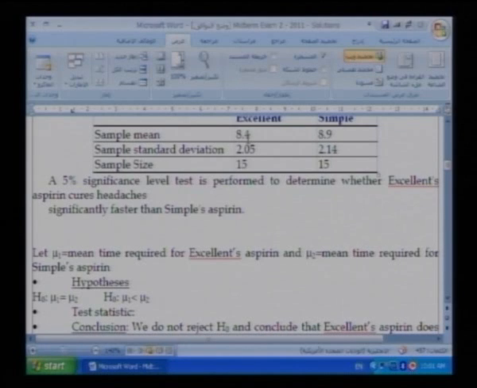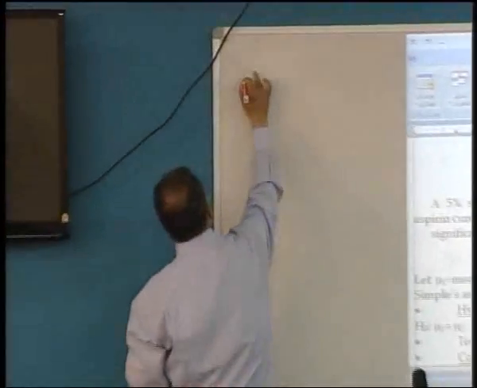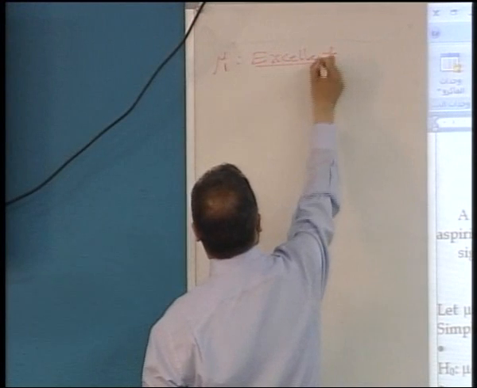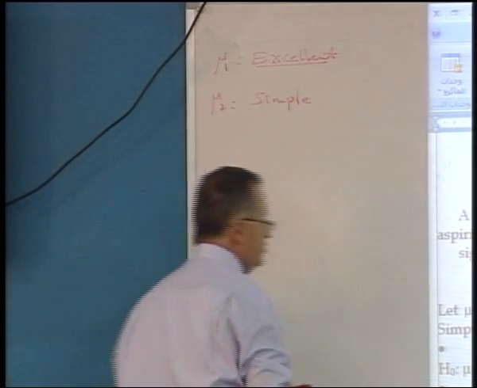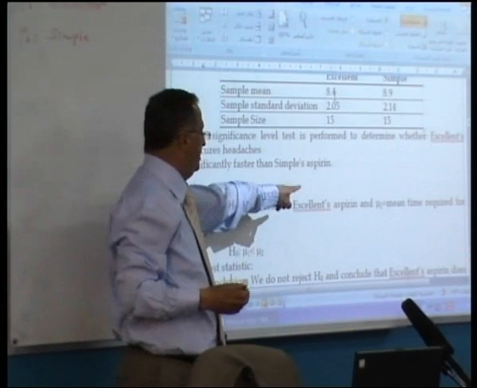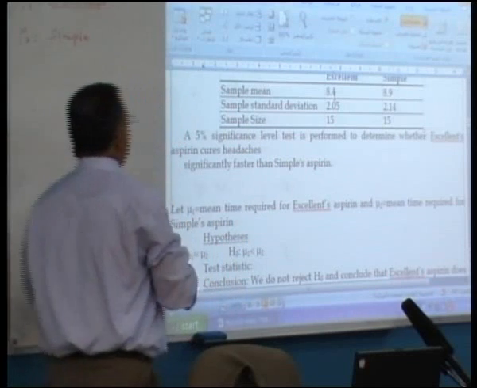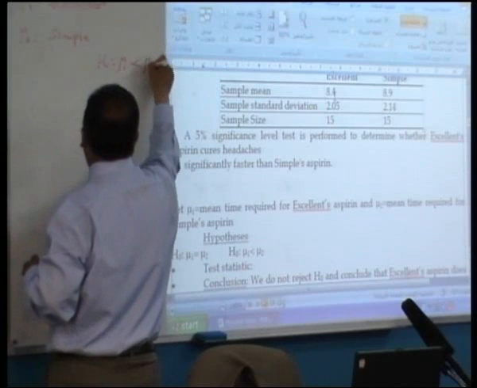If we assume that mu1 is the mean time required for Excellent aspirin, and mu2 for the Simple company, then H1: mu1 is smaller than mu2.